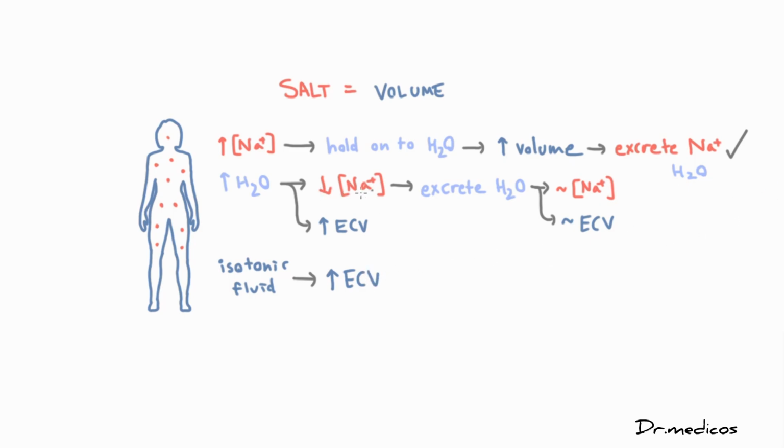So therefore the concentration arm of the kidney is not activated, it's only the slower volume sensing arm, which in order to counteract this increase in volume is going to excrete salt and with it some water.